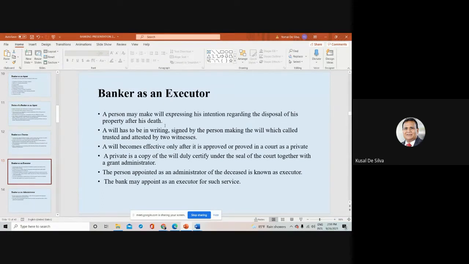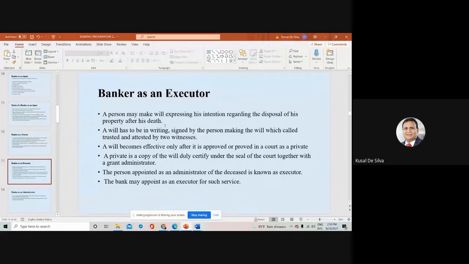It will become effective only after it is proved in a court as a probate. A probate is a copy of the will duly certified under the seal of the court together with the grant of administration.